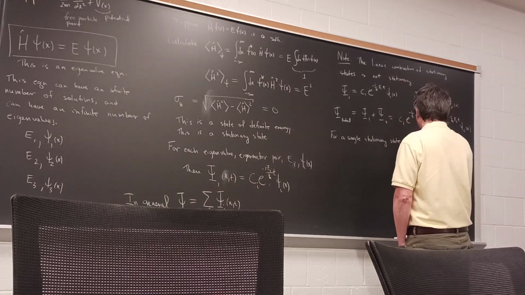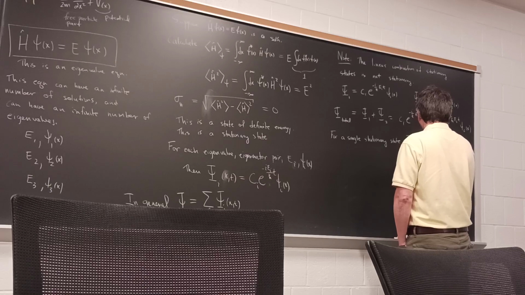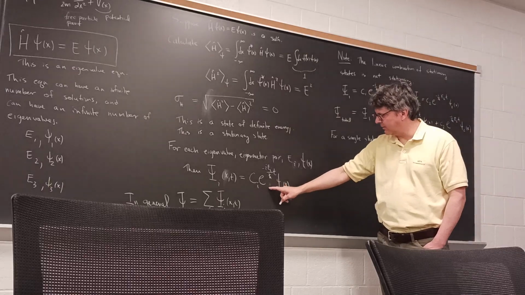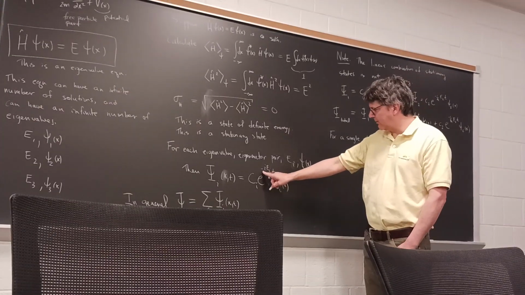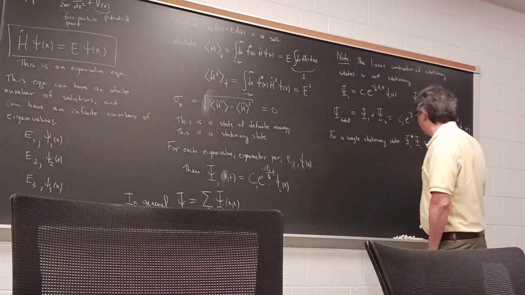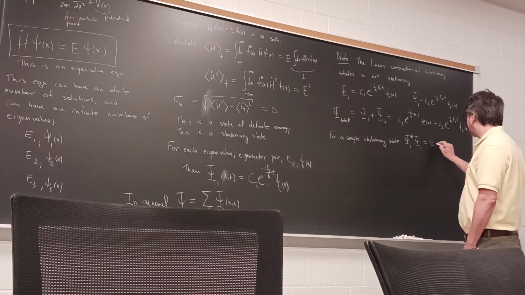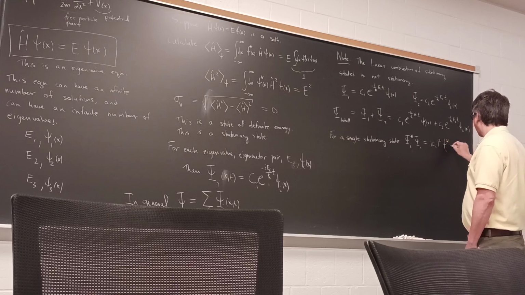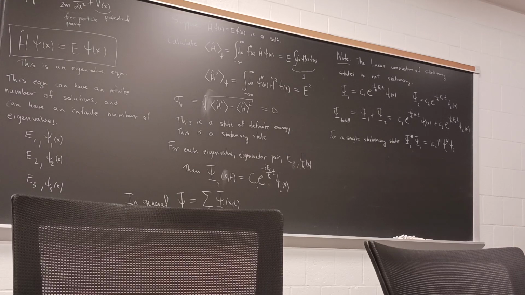We have psi I star, psi I. If I take this and take its conjugate and multiply it by it, the conjugate is going to have an e to the plus I in it. So what I'll have here is the magnitude of C I squared times psi I star psi I. Okay, there's no time dependence here.